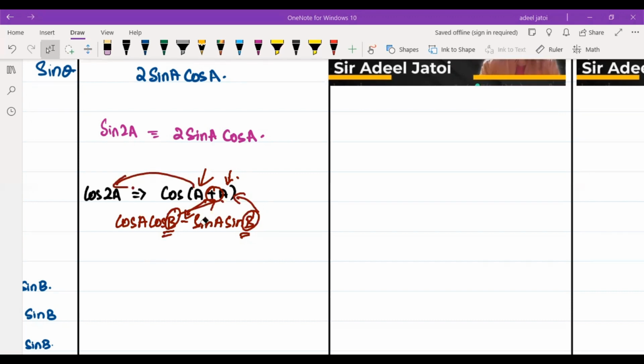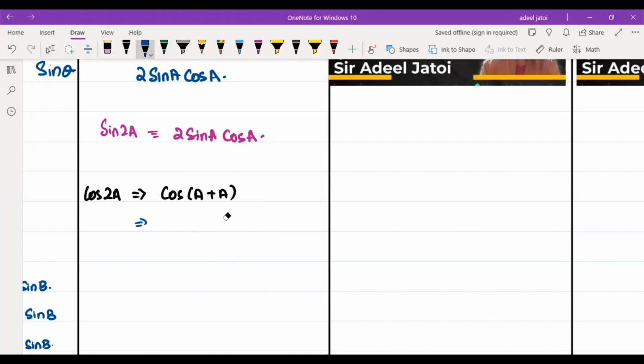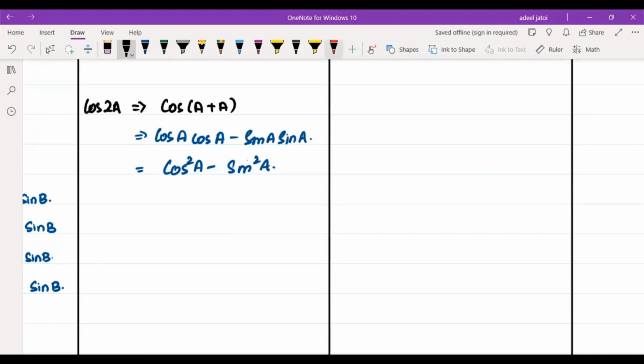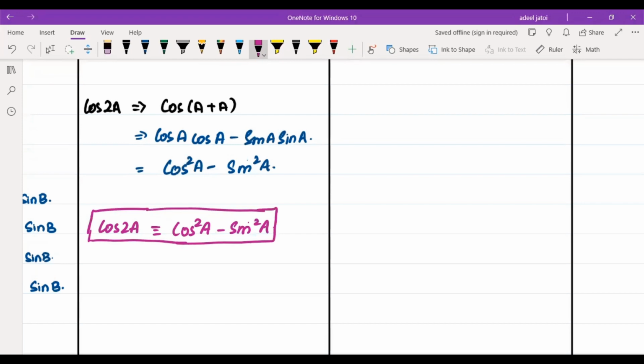So considering this, we can write down cos A cos A minus sine A sine A, which means this will be cos square A minus sine square A. Now, one thing we know is that cos 2A can be written as cos square A minus sine square A. Now, this is your identity for cos 2A.